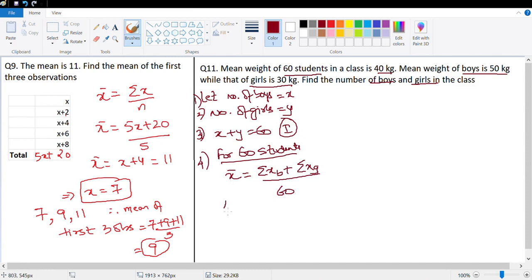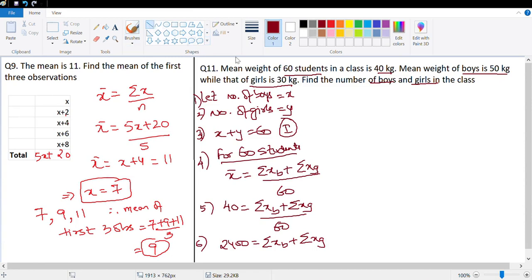Mean is given as 40, which is equal to sum of weight of boys plus sum of weight of girls upon 60, which means 2400 is equal to sum of weight of boys plus sum of weight of girls. So we know that the total sum of the weights of the boys and girls put together should be 2400 kilogram. Now let's look at boys separately. For boys, what is their total mean and the total sum of their weights?